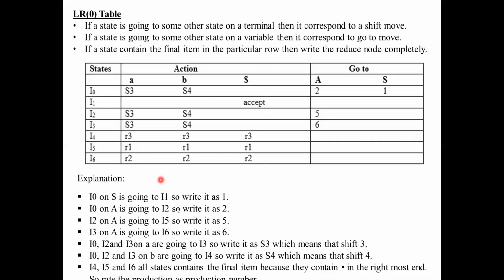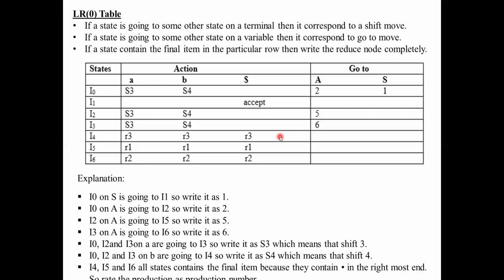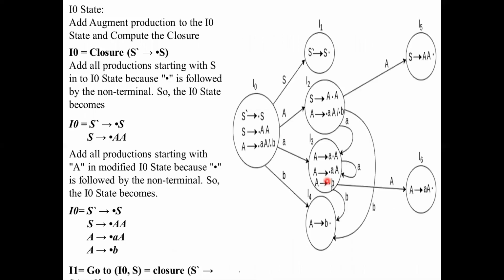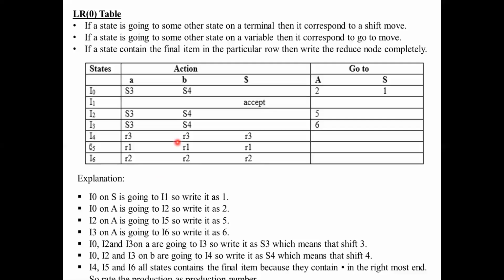So I4: you check it here. I4 contains A tends to B dot. The production number of A tends to B is 3, so in I4 we write R3 everywhere in the action part.